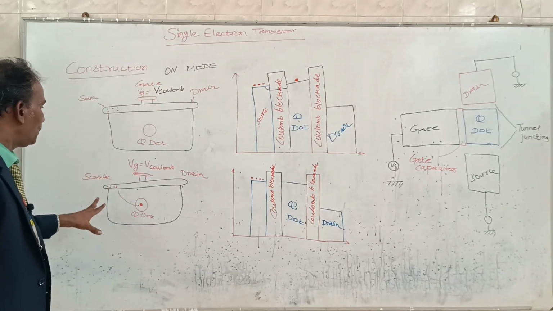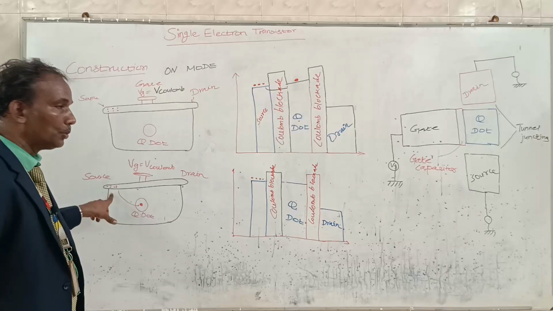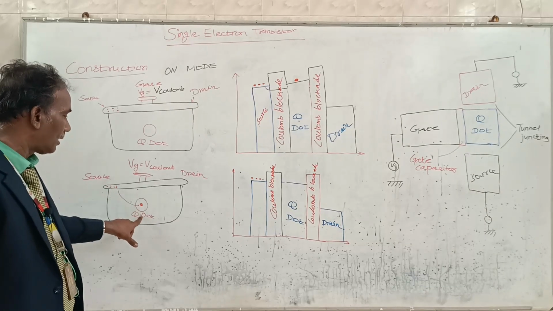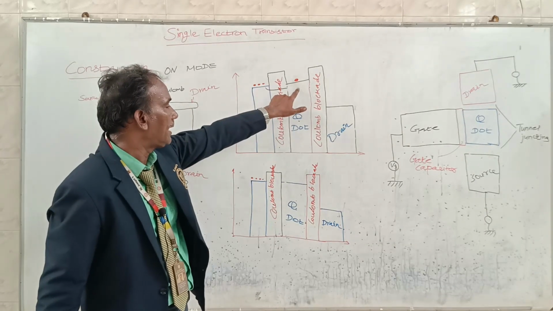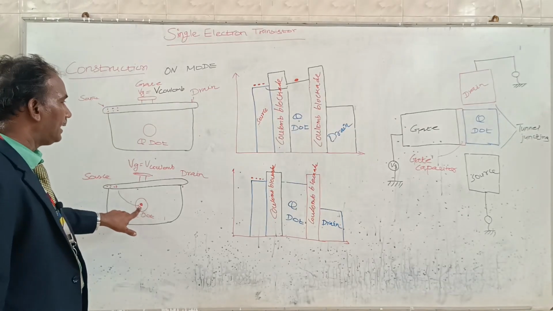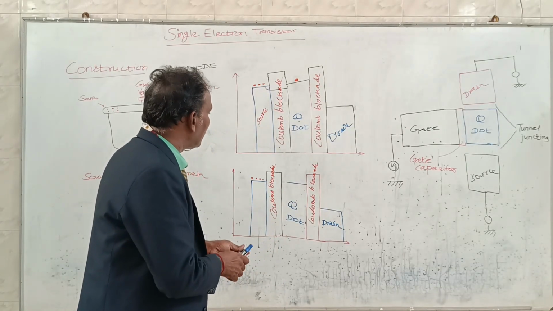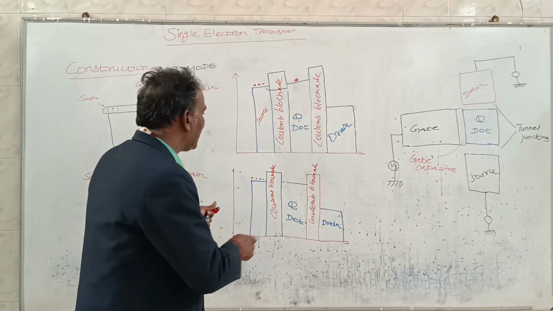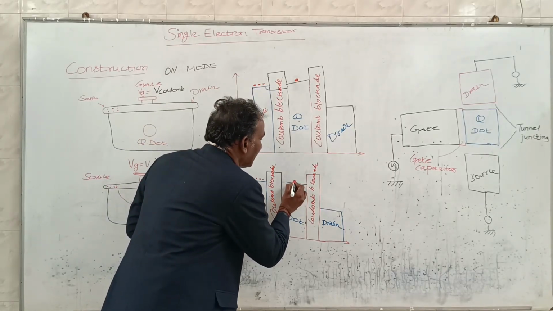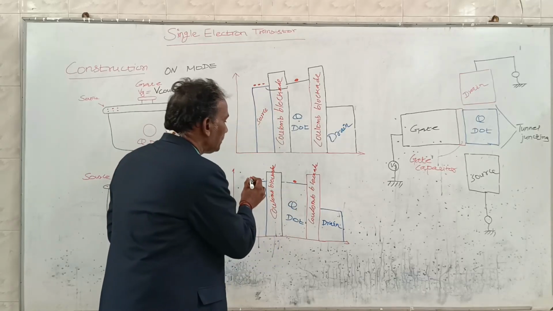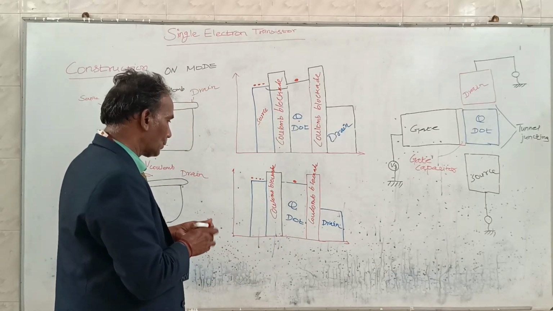Right. Now the electron has moved from source to quantum dot, as we can see in the previous case. Once the electron reaches the quantum dot, the energy level of the quantum dot rises equal to the energy level of the source.